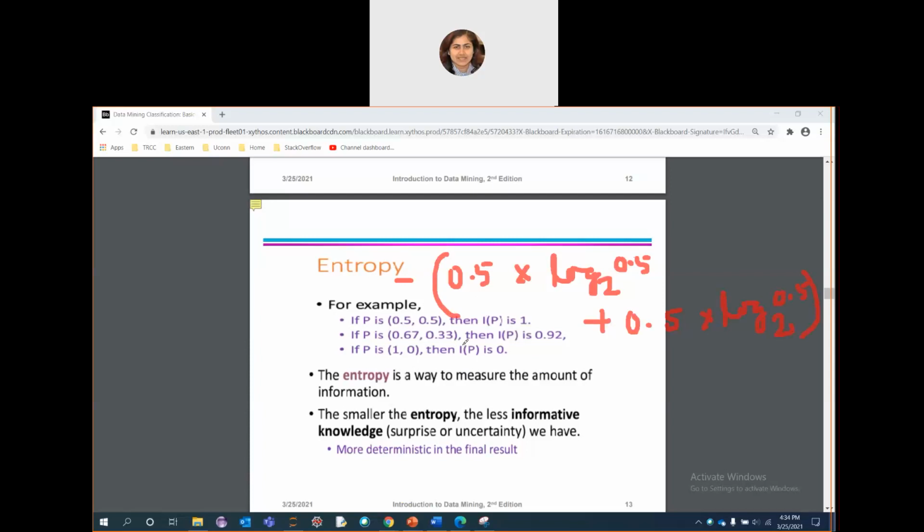So this is how you calculate the entropy of a probability distribution.